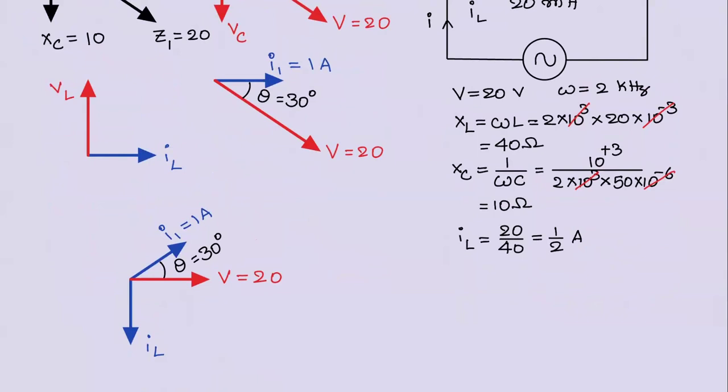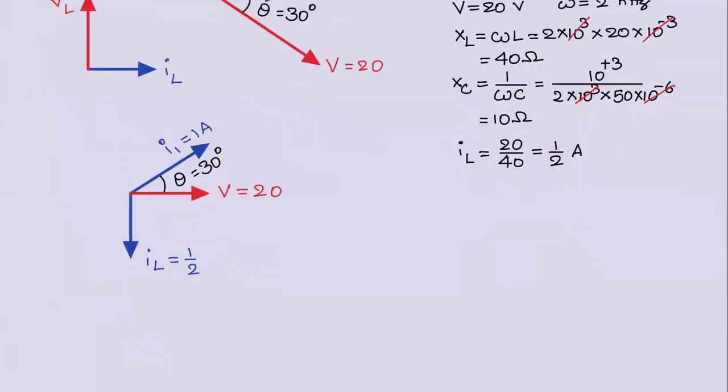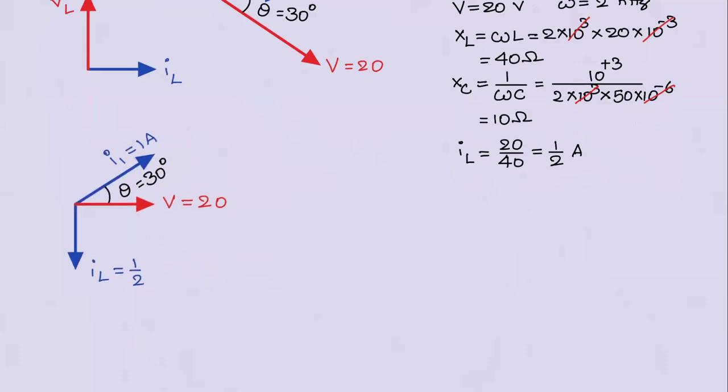Just for the sake of a rough estimation, I want to see that everything is perfectly synchronized. So I increased the size of this one, because this is 1 ampere and this is 0.5 ampere. Now what to do? Resolve this into parallel and perpendicular. I repeat, resolve this into parallel and perpendicular.